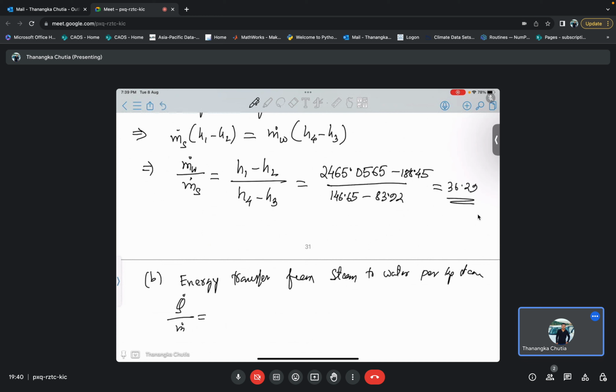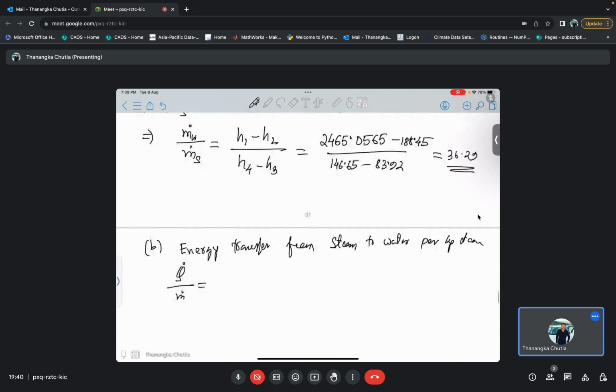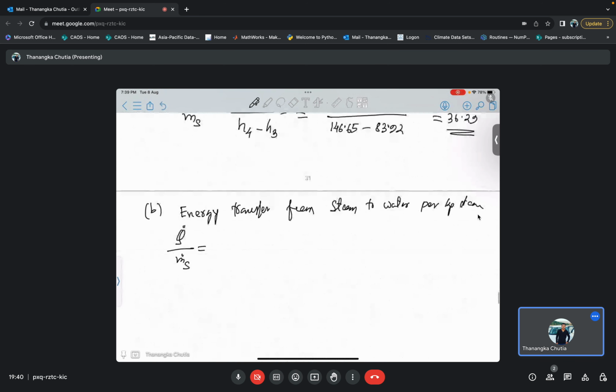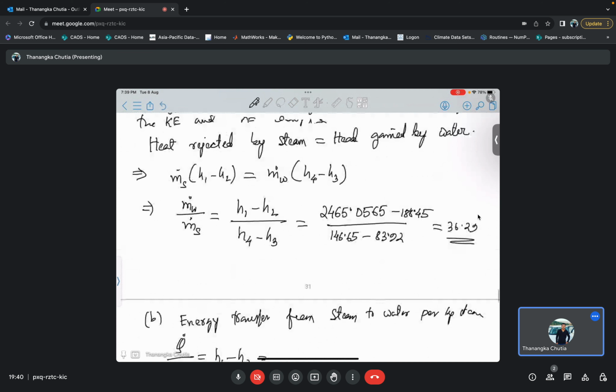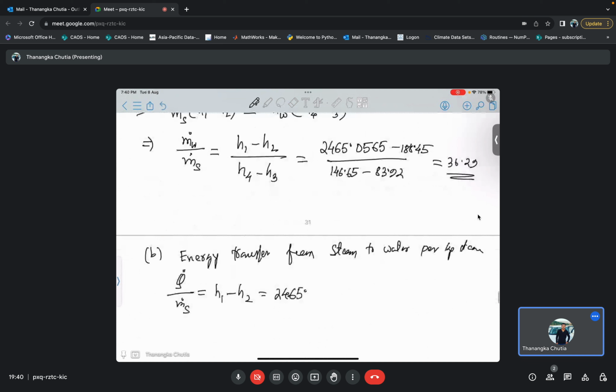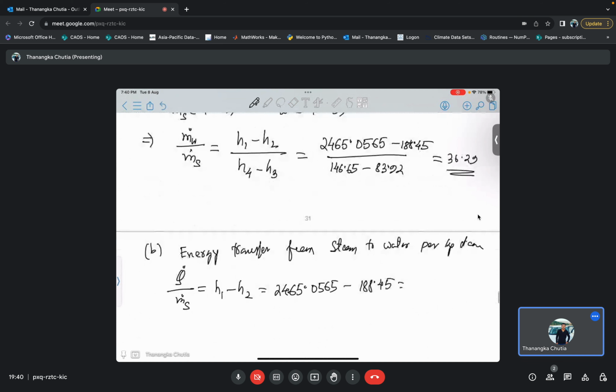So that is basically h1 minus h2. And what is your h1? 2465.0565 minus 188.45. So this is 2276.6065 kilojoule per kg.